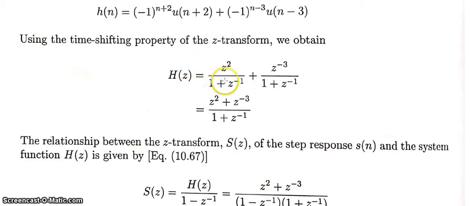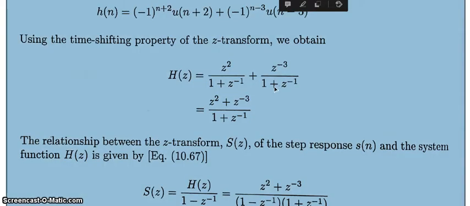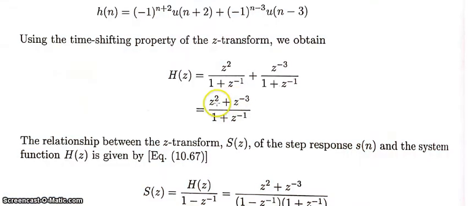Therefore h of Z is, for the first term, Z square divided by 1 plus Z inverse. For the second term, it is Z raised to minus 3 by 1 plus Z inverse. The denominator is the same for both the terms, therefore combining we get Z square plus Z raised to minus 3 by 1 plus Z inverse.